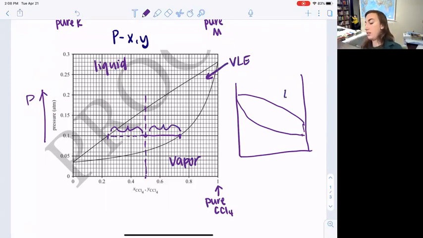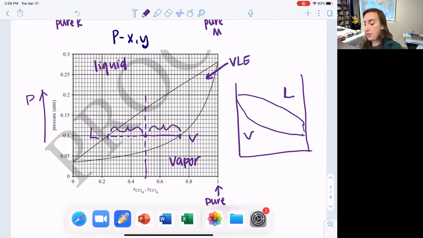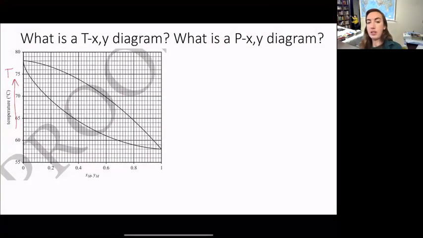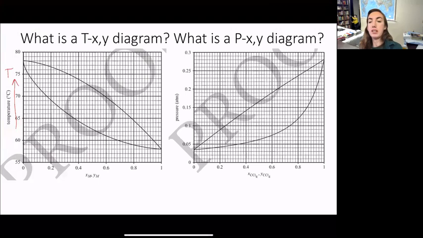And so now liquid is on the right and vapor is on the left, whereas over here, liquid is on the left and vapor is on the right. So don't think of left and right because that can change depending on which component we're plotting for. Think about up and down because in both of these cases, the liquid happens at higher pressure.